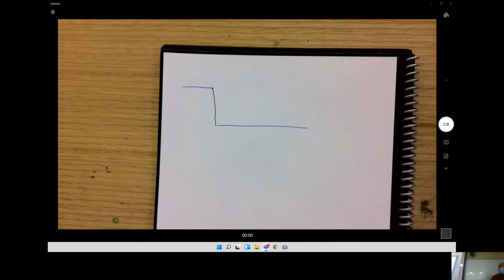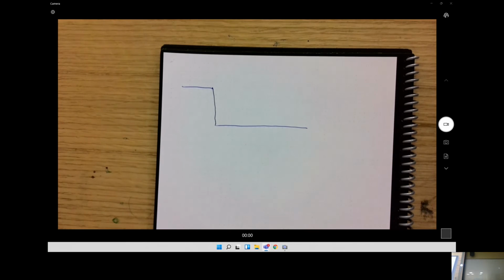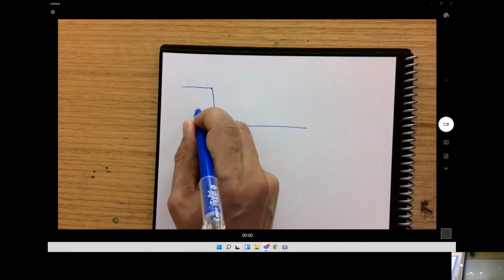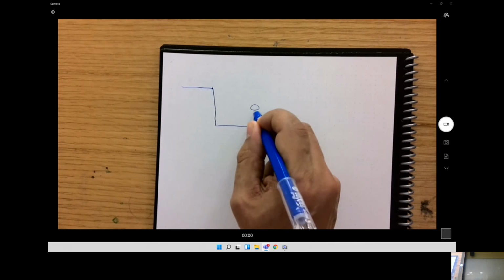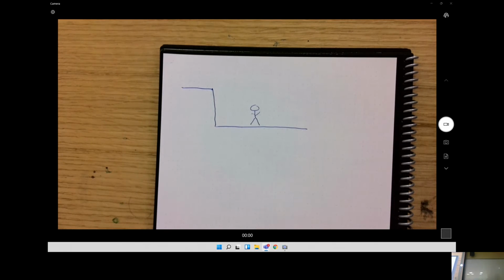So let's say that Aubrey is escaping from Jason, okay? And for some reason, Aubrey decided that it's a good idea to hide inside a pool. So we're going to have Aubrey here, okay?